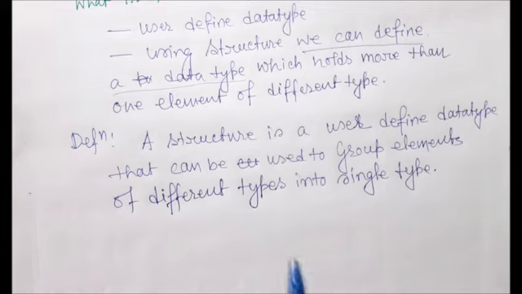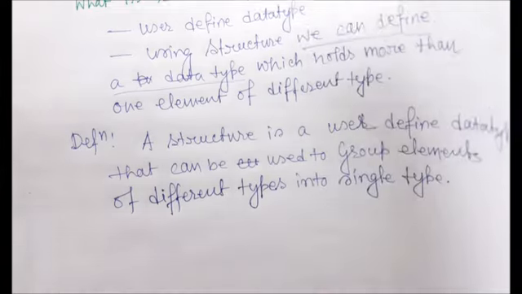That is actually the advantage of structure. We can group the different types into a single type. You have primitive data types, for example integer, character, float, double, and we can develop our own data type by using structure.